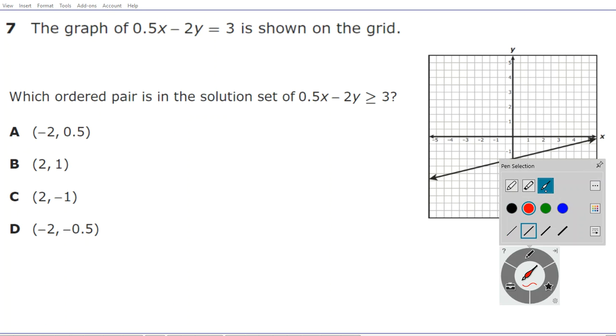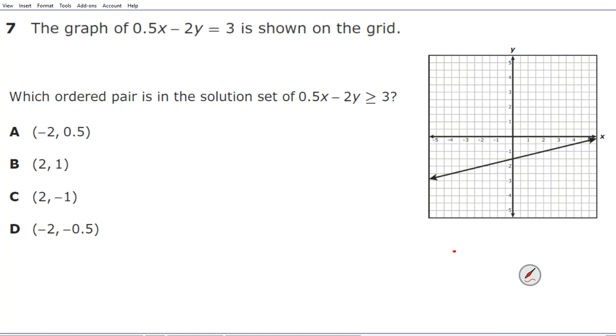Now, something to keep in mind concerning graphing linear inequalities. If you want to determine the direction to shade of a linear inequality, you will want to express the inequality in slope-intercept form first. So let's write that down.